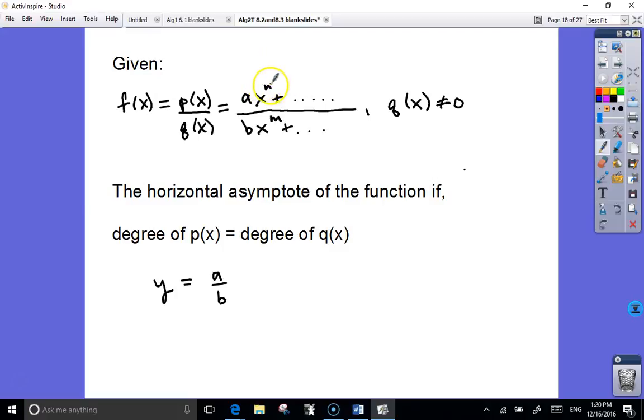If the highest power is x to the n and x to the m, and n equals m, they have the same degree, then the horizontal asymptote is y equals the ratio of the leading coefficients. Y equals a over b. And we'll do a few examples, you'll see how that looks.